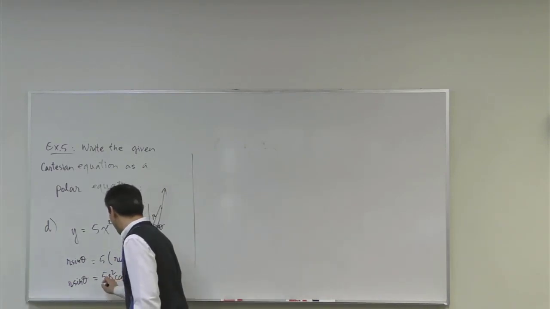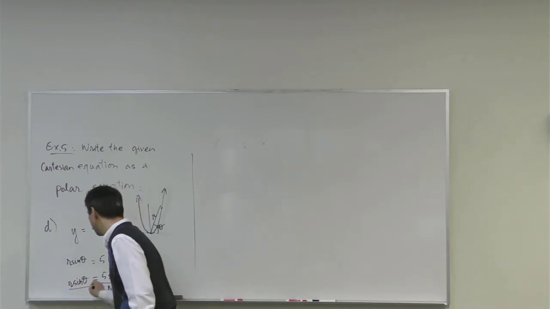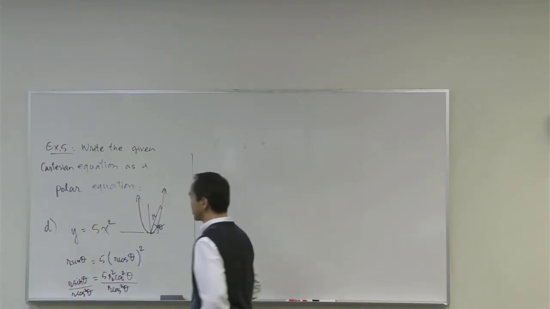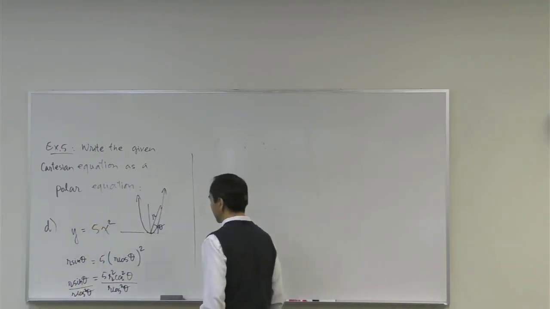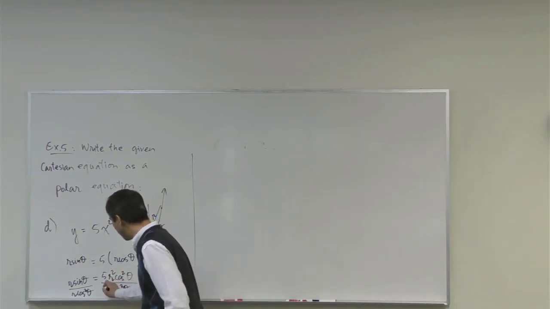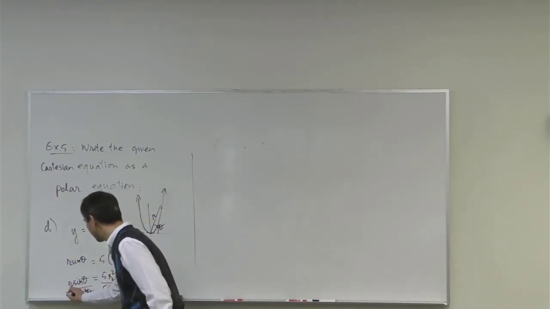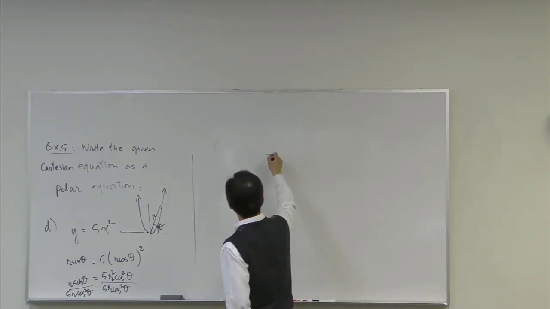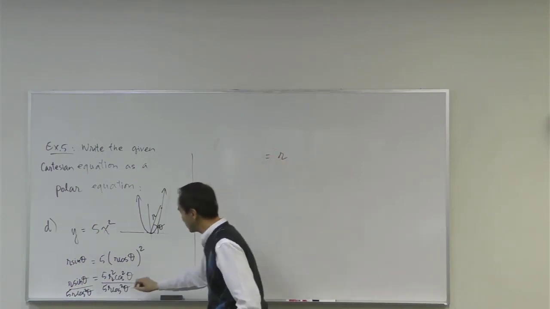But then we want to divide both sides here by r times cosine squared theta. We want to solve for r. I should have also divided by 5 r cosine squared. Okay. Now the right hand side becomes r, because the cosine squared got cancelled, right?